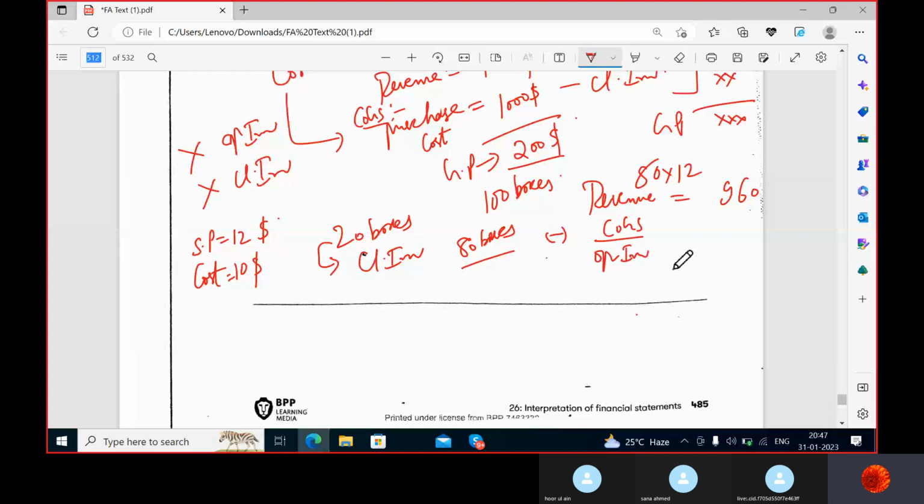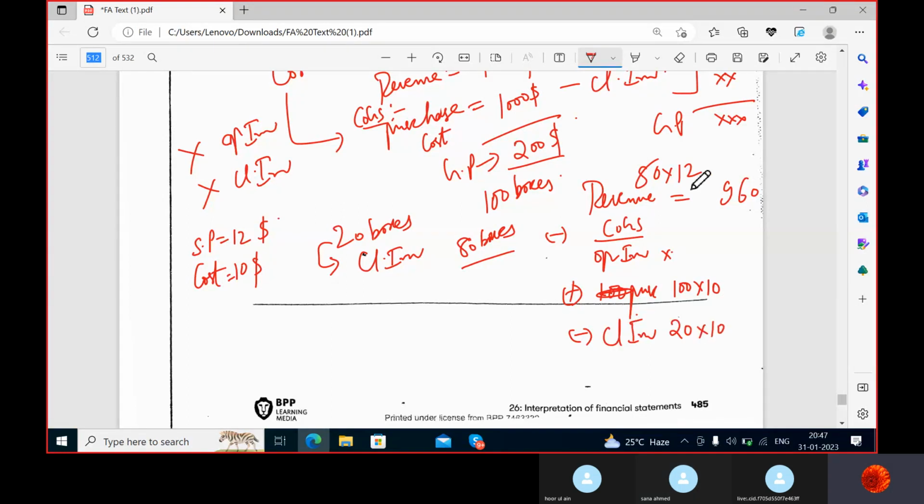Purchases: how many boxes did you purchase? 100 boxes. Each box cost me $10. Minus how many boxes I did not sell? 20 boxes. So closing inventory is 20 boxes, each box costing $10.